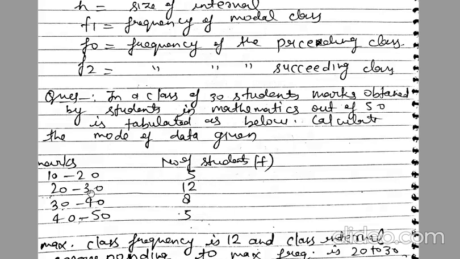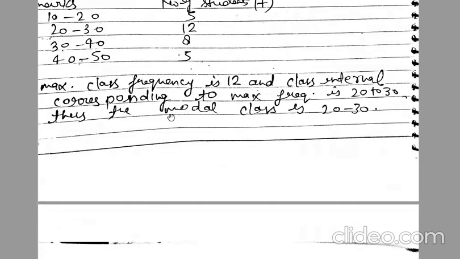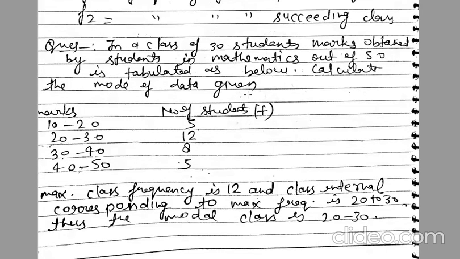So what we will do, we will first find the maximum class frequency here. The maximum class frequency is 12, and 12 is coming in the interval 20 to 30. So 20 is your lower bound and 30 is your upper bound, right? So the class interval corresponding to maximum frequency is 20 to 30.